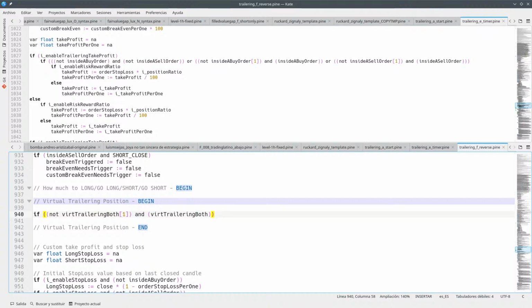Yeah, it means that we are in a position. That's right.